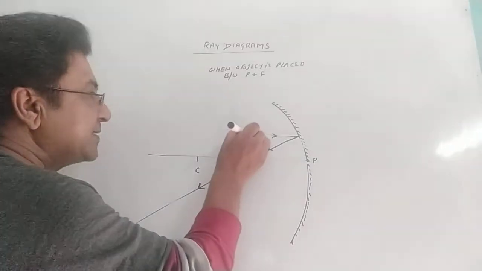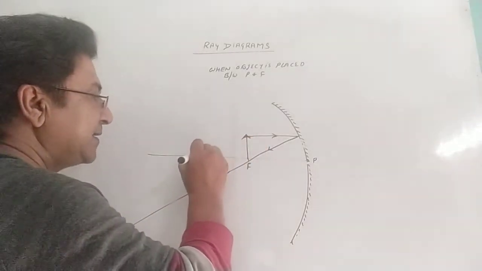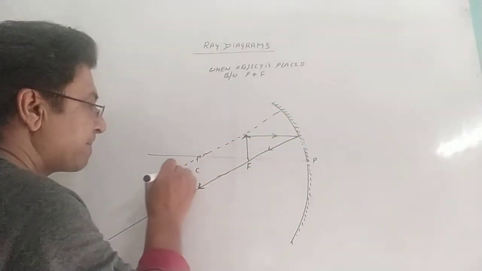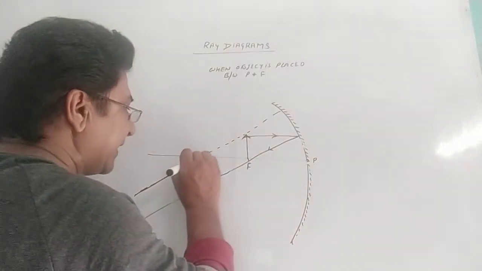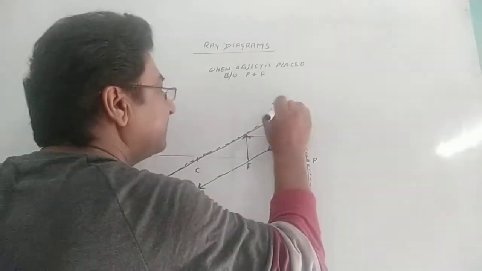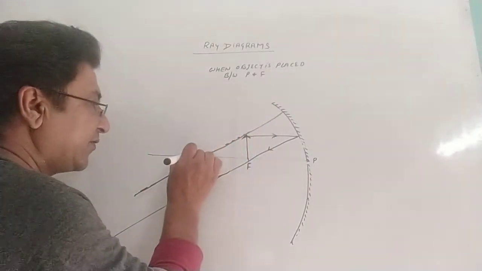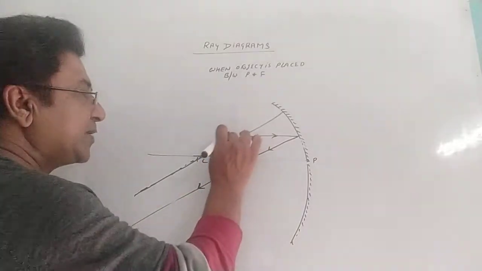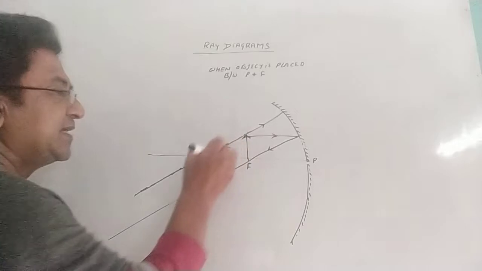Now this is the head, head से दूसरी ray निकलेगी. This is the ray. Let's find like this, and it goes like this. So take a larger scale and from the head draw a ray which is passing from the center of curvature. This is the center of curvature. The ray which is passing from the center of curvature goes straight and bounces back on the same path.